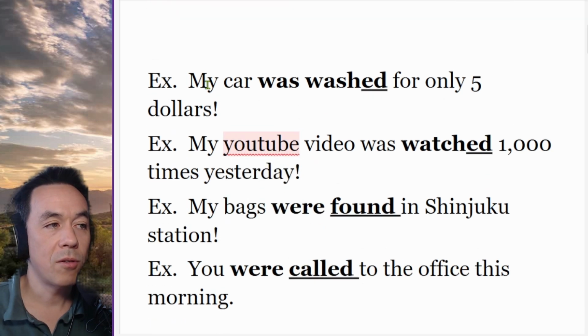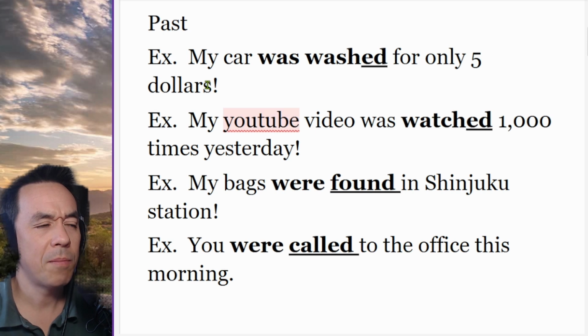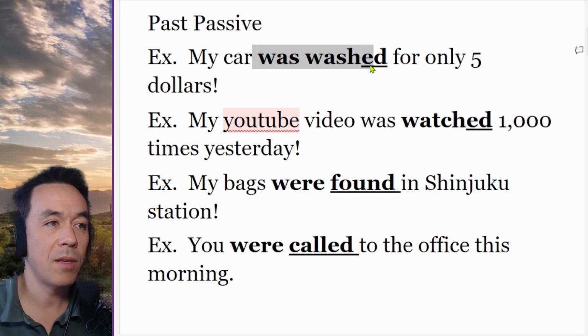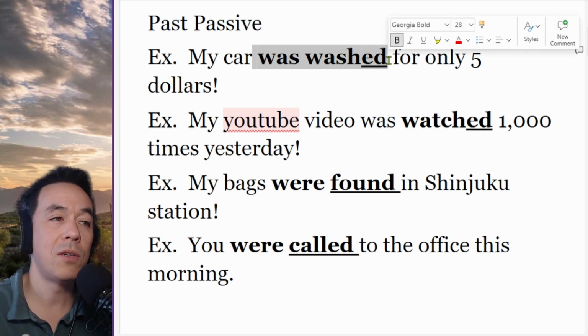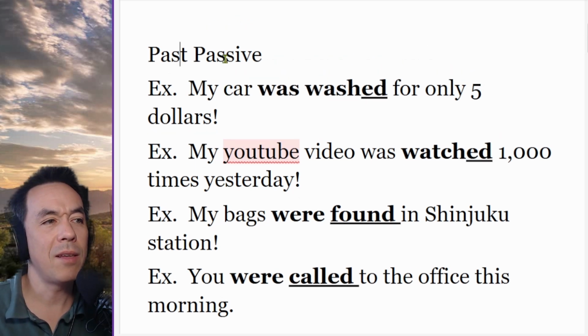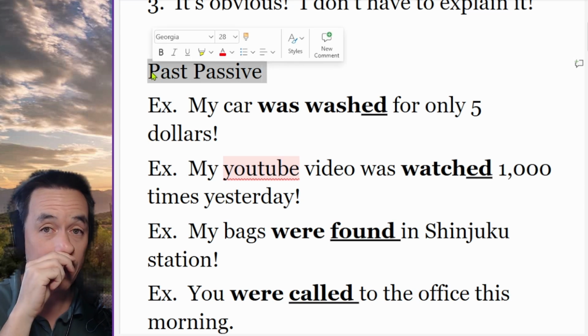Now, also, this is the past passive, I guess. It's all before now. My car was washed. YouTube video was watched. Bags were found. And I think a textbook usually does the past tense.